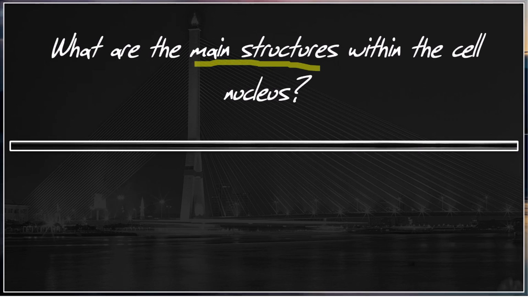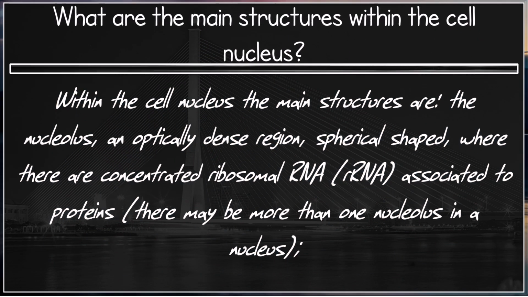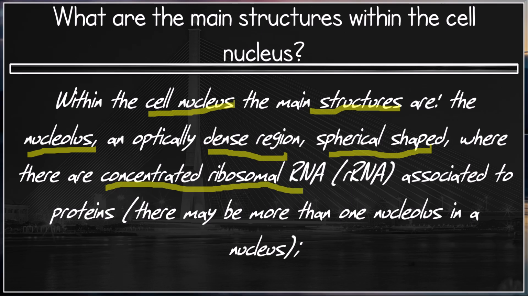What are the main structures within the cell nucleus? Within the cell nucleus, the main structures are the nucleolus, an optically dense, spherical-shaped region where ribosomal RNA associated with proteins is concentrated.